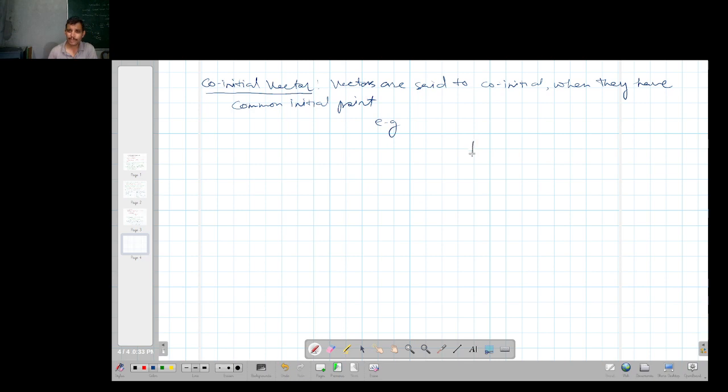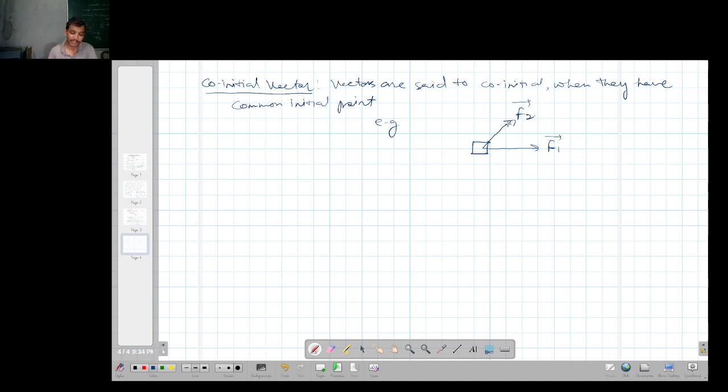Let us take a very simple example. Suppose I am having a block and one person is pulling it along this direction and another person is pulling it along this direction. That means the first person is applying a force in this way and another person is applying a force over it in this way.